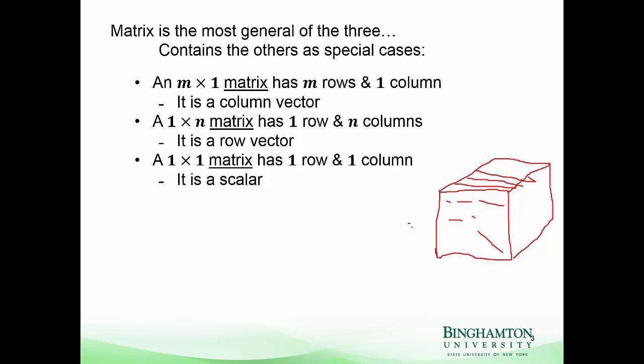So we could have m in this dimension, n in this dimension, and let's just do l in that dimension. So that would be an m by n by l tensor. So that's a third order tensor.